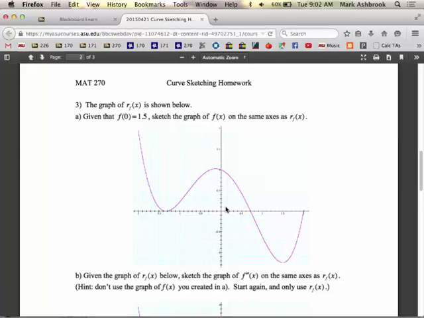So if the first derivative is increasing, then the second derivative is positive. And if the first derivative is decreasing, then the second derivative is negative. It's the same relationship, because you can think of that first derivative as its own new function, and the second derivative is simply the derivative of that, the rate of change of that one.